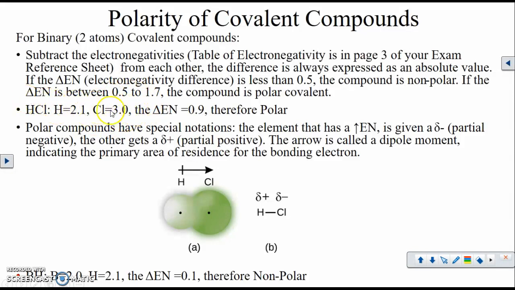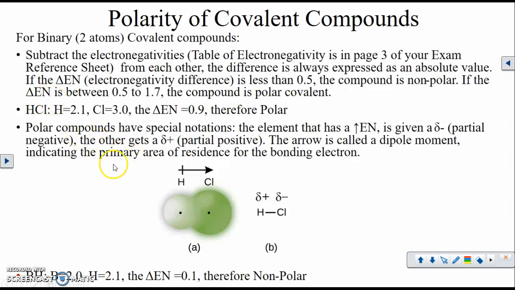So we subtract them from each other, and whatever number you get, it doesn't matter whether it's negative; you need the absolute value, so it turns positive anyway. The electronegativity difference, or delta EN, is 0.9. Any delta EN from 0.5 to 1.7 is considered polar covalent. So hydrogen chloride is a polar covalent compound.